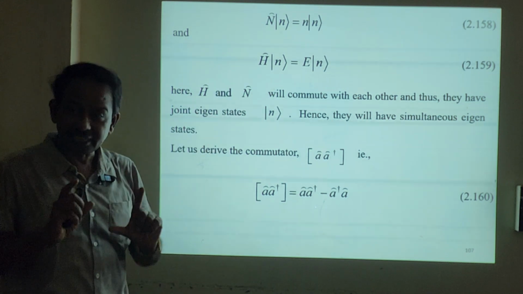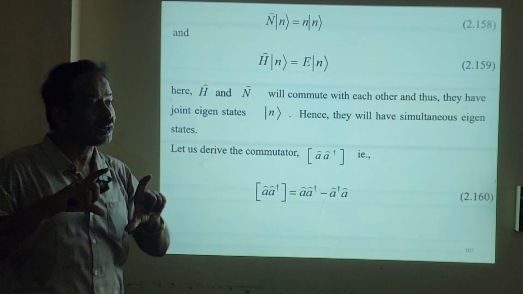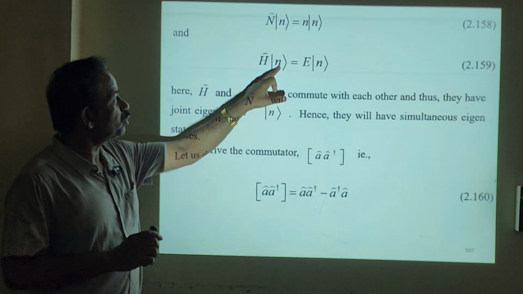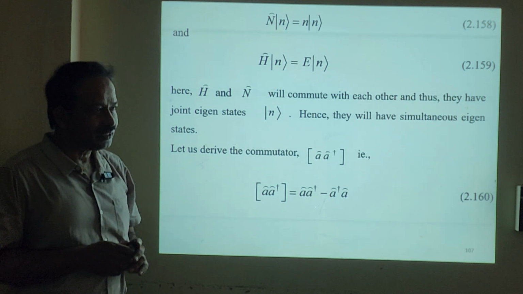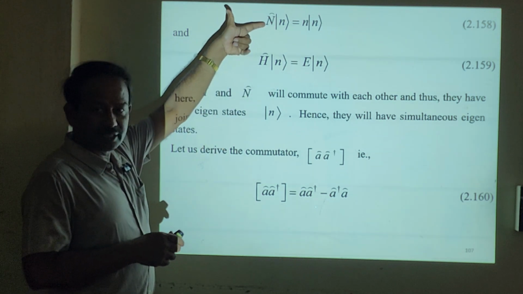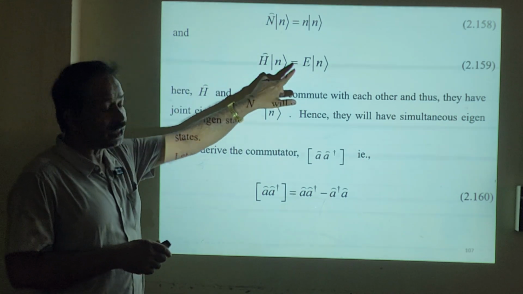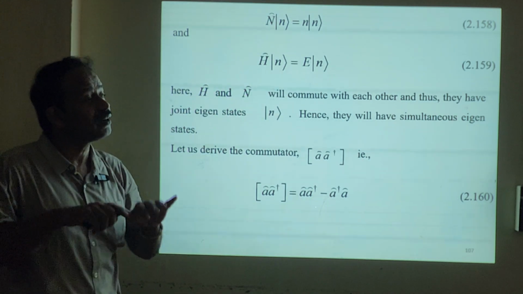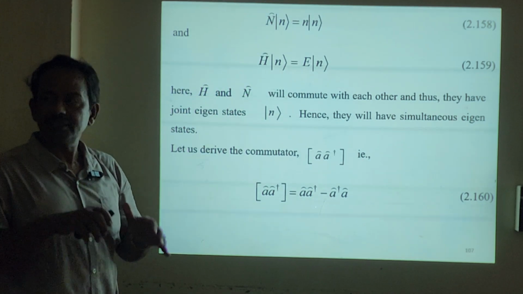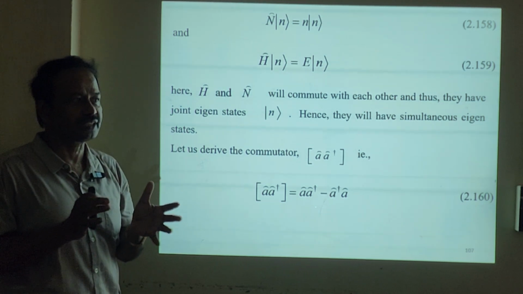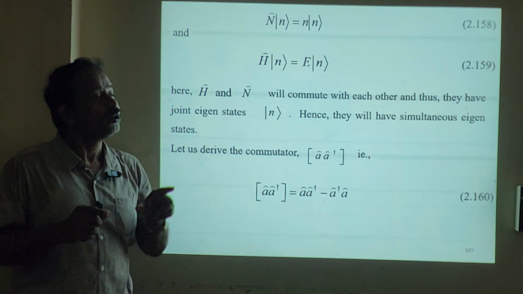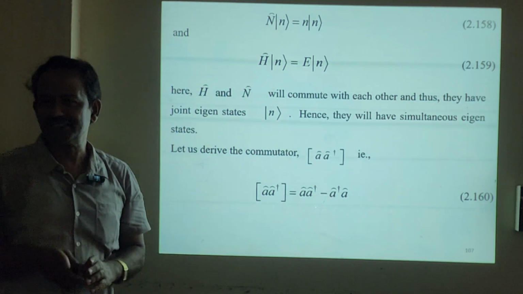Both have the same eigenkets. Correct? Is it okay what I am saying? So they are different operators, but they have the same eigenkets, common eigenkets. If they are having common eigenkets, they will have simultaneous eigenkets. It means that both the operators will commute with each other.